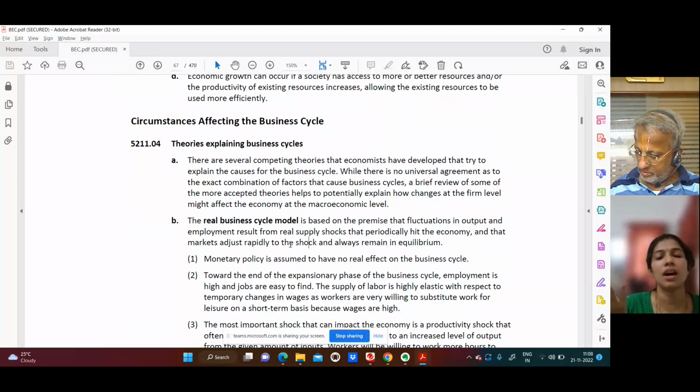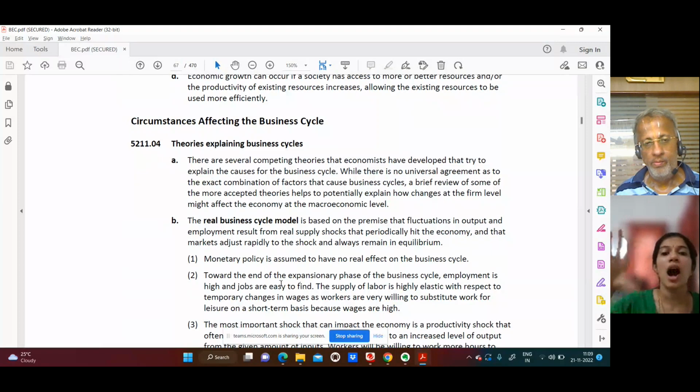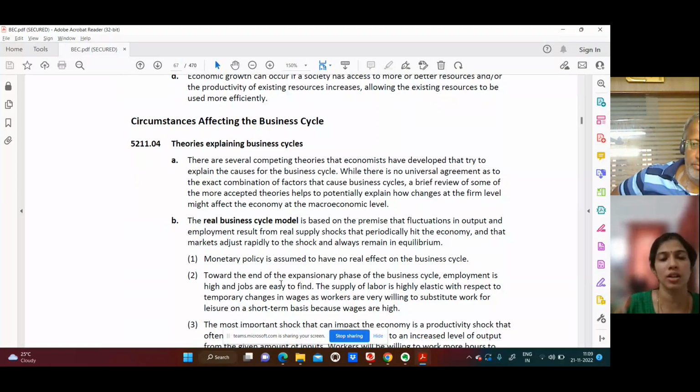All the real factors are causing the fluctuations in the business cycle, is what this theory says. And monetary policy is assumed to have no real effect on the business cycle. Your availability of money, your cash reserve ratios, how the regulatory authority is trying to curb the availability or the supply of money, all that is not being considered over here.